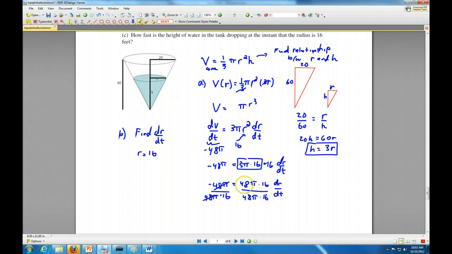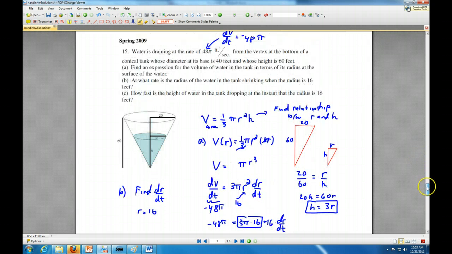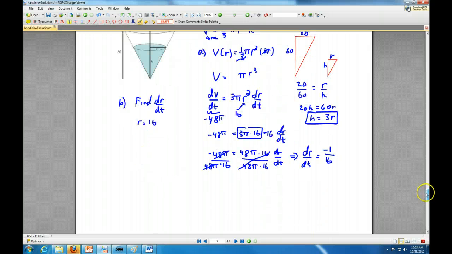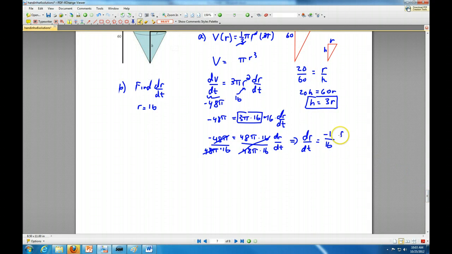So dr/dt is negative 1 over 16. What units? Feet per second. That's how r is changing.